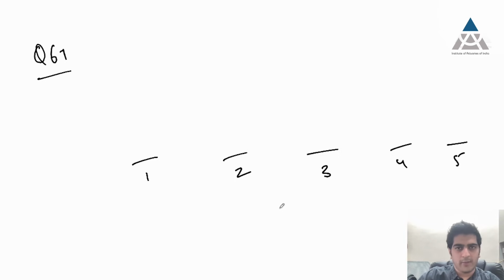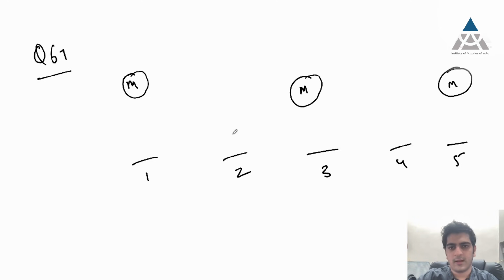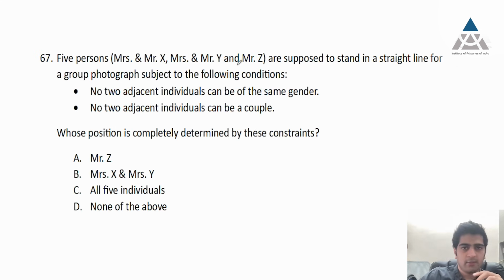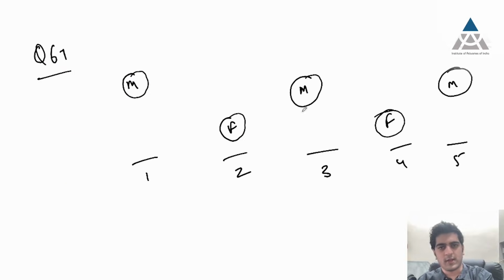When I say 3 males cannot be next to each other, can I say the first, third, and fifth has to be a male, and the second and fourth has to be a female? Quite straightforward. Why? Because you want no adjacent of the same gender. So this is the only way in which you can arrange these 3 males so that they are not adjacent to each other. Okay. So male, female, male, female, male.